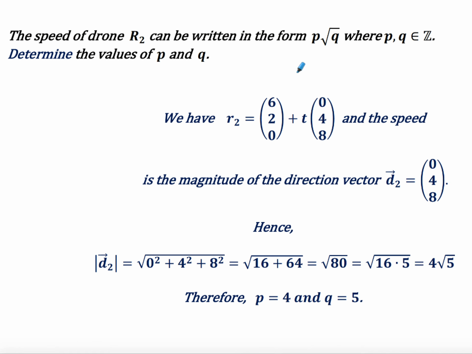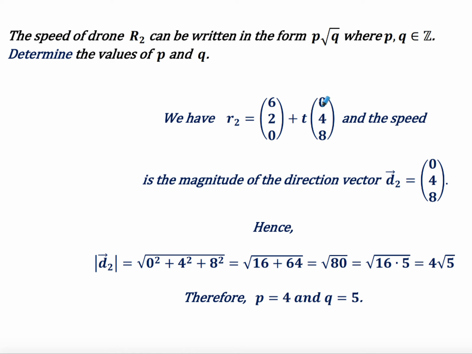So first question, speed of the drone. What we just briefly said, and you don't need to know the theory, but we do need to know that the magnitude of the direction vector represents the speed. Hence, this is communicating the magnitude or length of what I'm calling d sub 2, the direction vector, because it's drone 2.